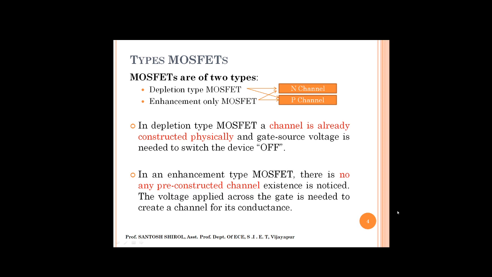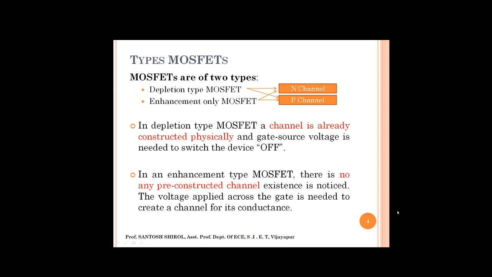The basic difference between depletion type and enhancement type MOSFET is that in the depletion type the channel is already constructed physically, meaning the channel is constructed while constructing the device, and the gate to source voltage is needed to switch off the device. Without that we cannot switch it off.